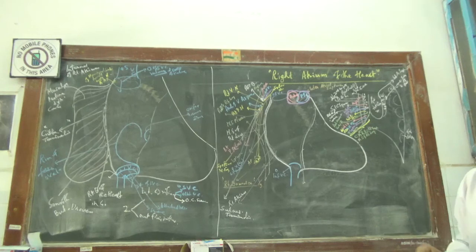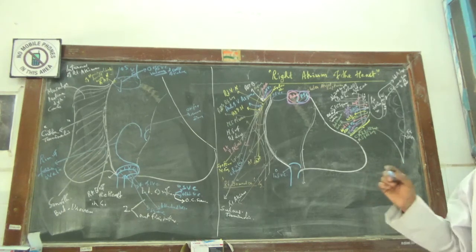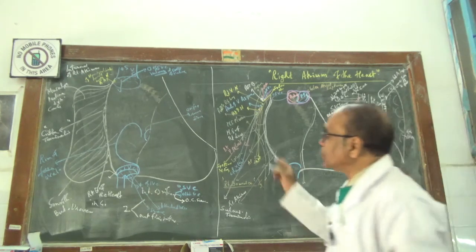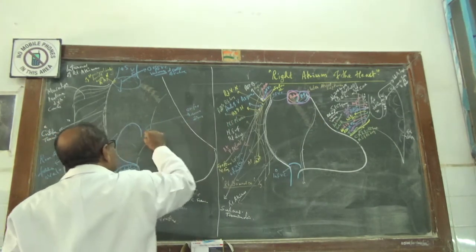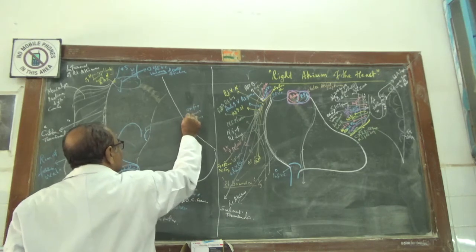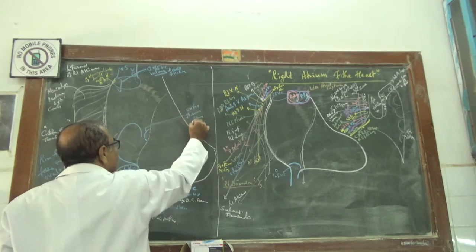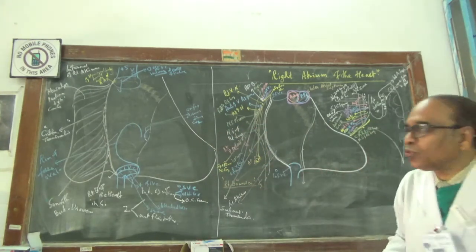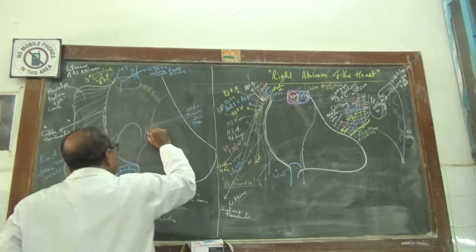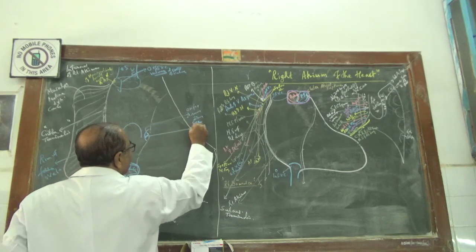After draining the deoxygenated blood from the heart, the cardiac veins open into the coronary sinus, which is the one vein that opens into the right atrium via the coronary sinus orifice.